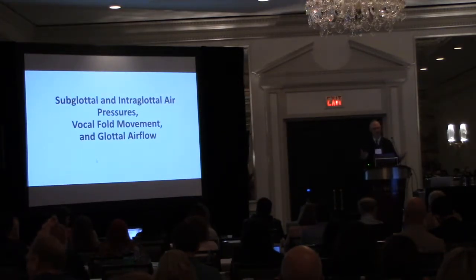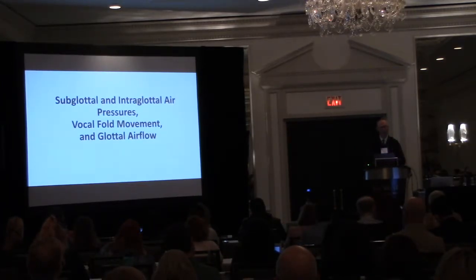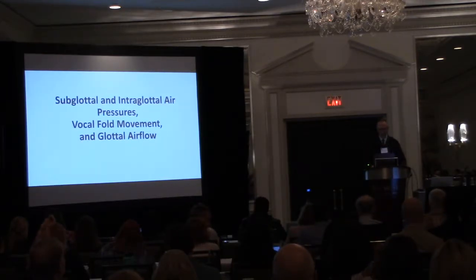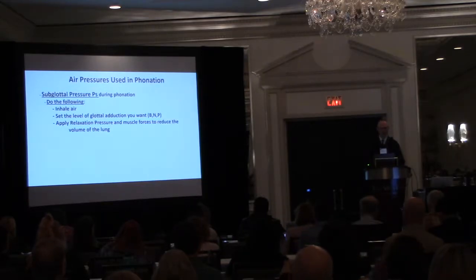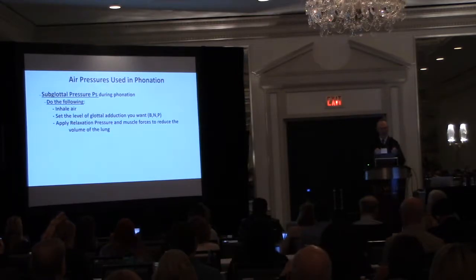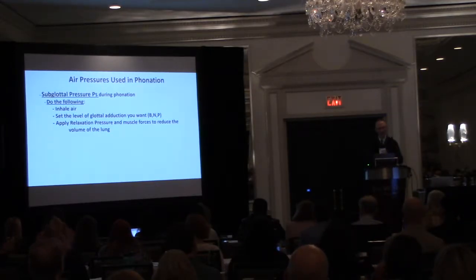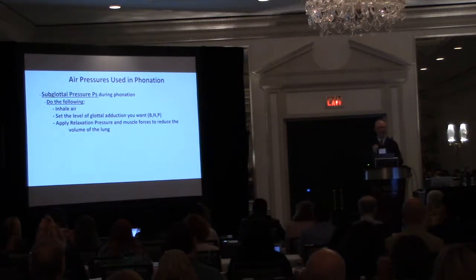The next aspect that I want to talk about is subglottal and intraglottal air pressures relative to vocal fold motion and relative to glottal airflow. Subglottal pressure was discussed really nicely earlier today. If you want to create subglottal pressure, you first usually inhale some air. And you want to set the level of adduction typically to the pressed or normal or breathy kind of quality that you want.